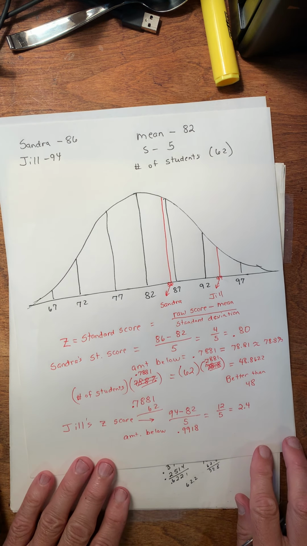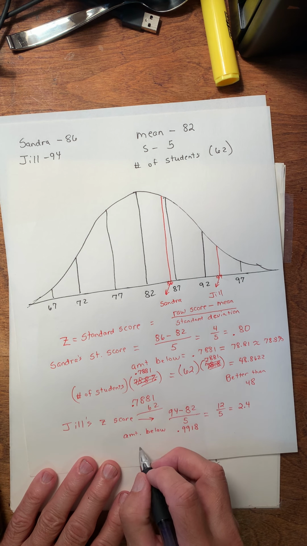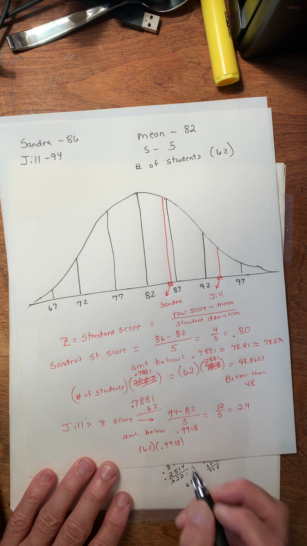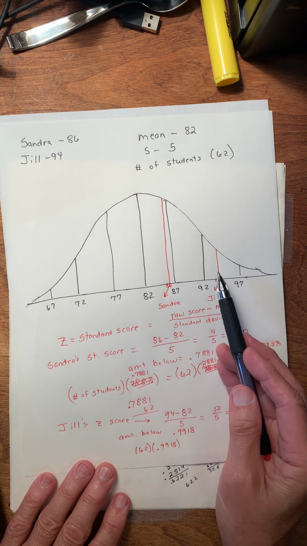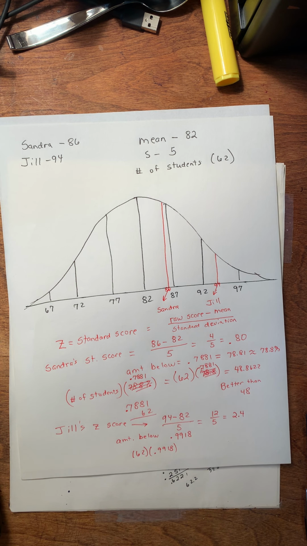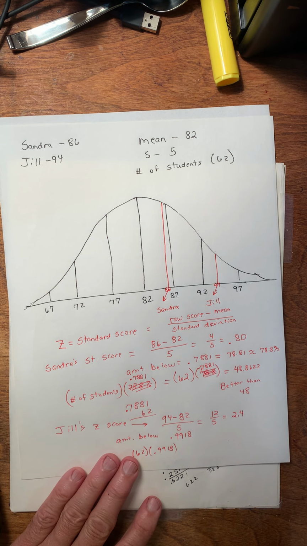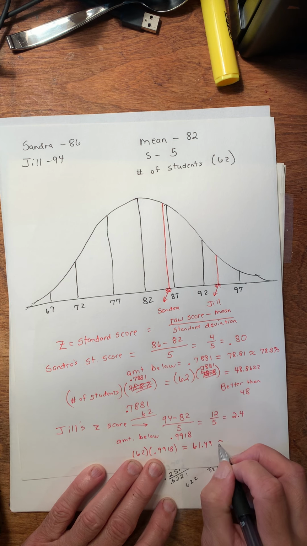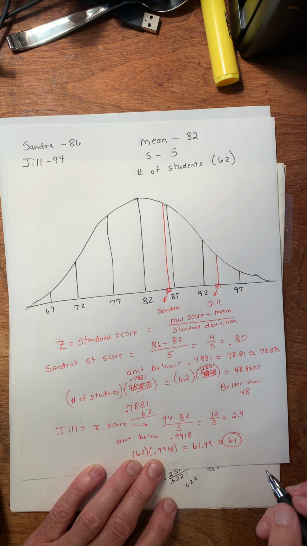So I'm going to multiply 62 times 0.9918 to find out how many people are below Jill. So here we go. 0.9918 times 62 is 61.4, which means she did better than 61 people.